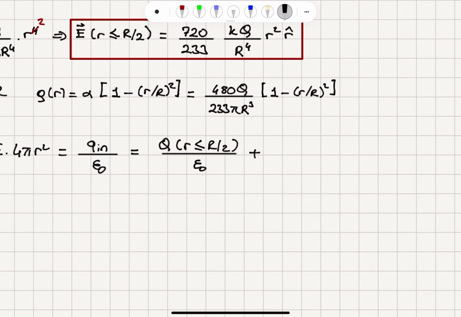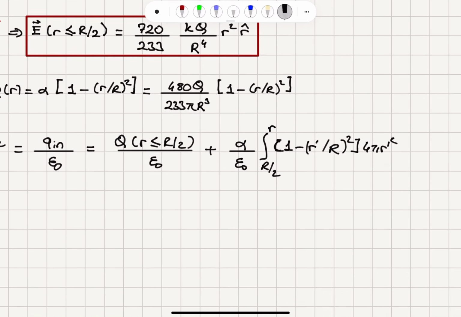So we will have alpha divided by epsilon 0, the integral from capital R over 2 to r of (1 minus r prime divided by capital R) squared, times 4 pi r prime squared dr prime. So that's our dV value here. So we're writing rho dV.